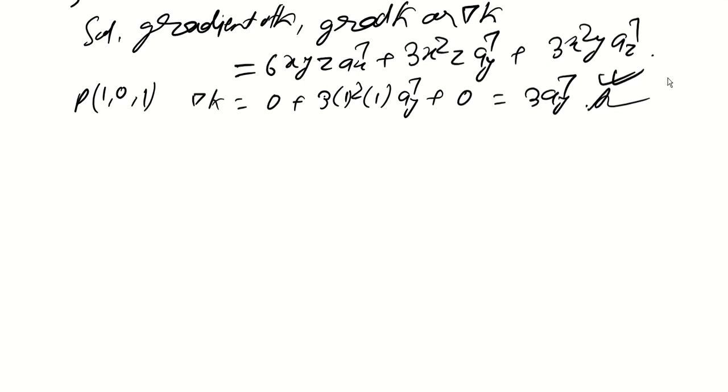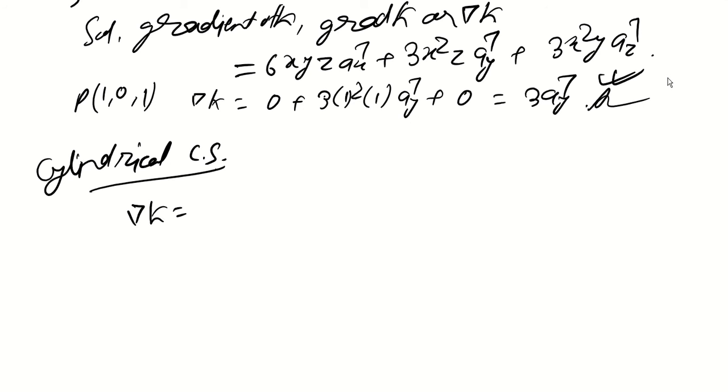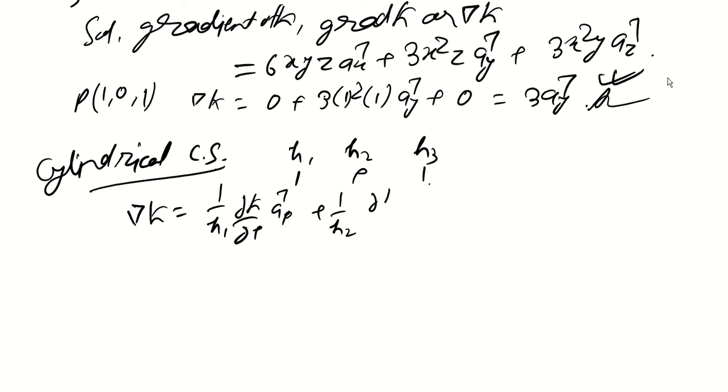So in cylindrical coordinate systems, what will happen? Del k. So 1 by h1, h2 and h3. So it was 1, rho and 1. So 1 by h1 dou k by dou rho a rho, plus 1 by h2 dou k by dou phi a phi, plus 1 by h3 dou k by dou z az.